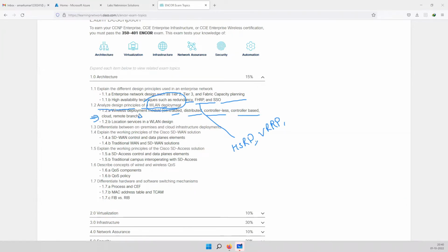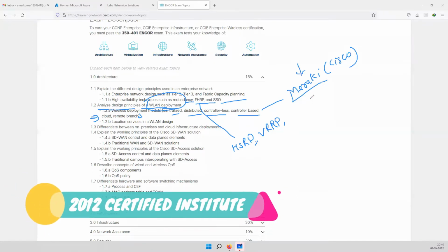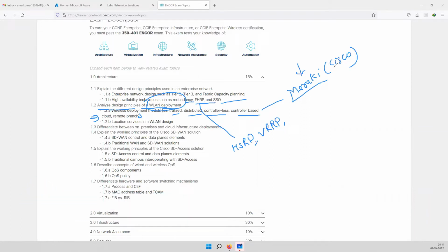One company is very famous for this kind of wireless technology, Meraki. You might have heard about it. It is from Cisco. It was earlier an individual organization, then Cisco acquired it. So we will talk about this wireless deployment.